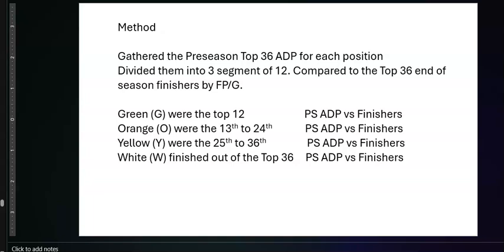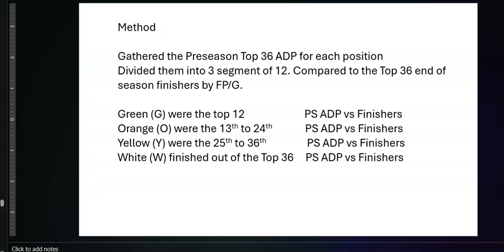The method: I will gather the preseason top 36 players, ADP for each position. I will then compare them, divide them into three segments. The top 12, green. Next 12, 13th to 24th, orange.